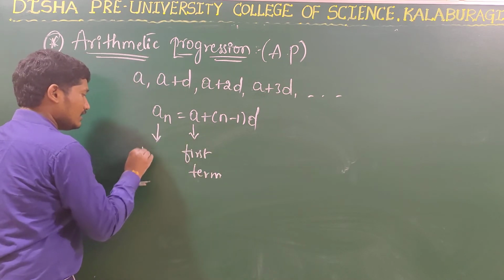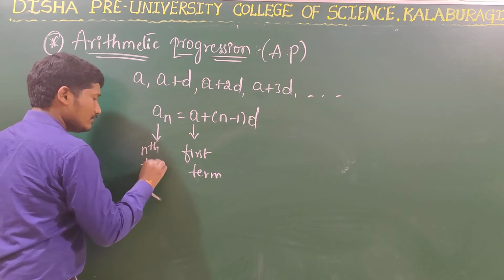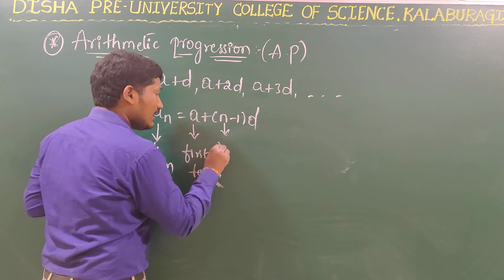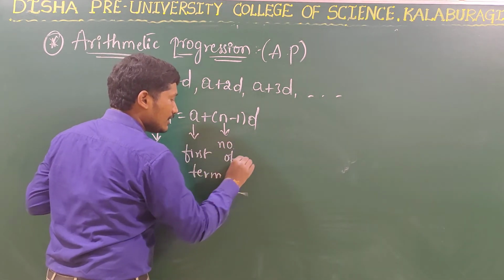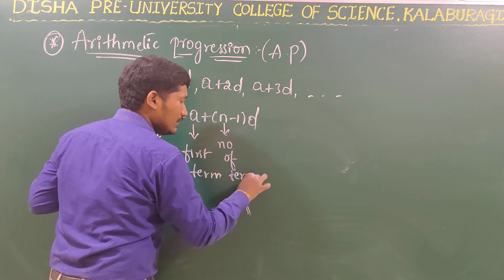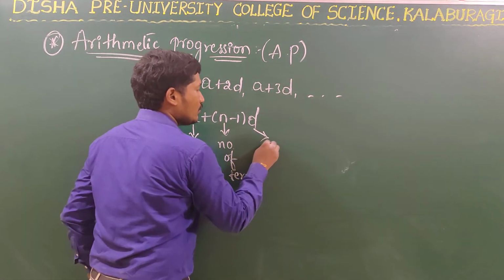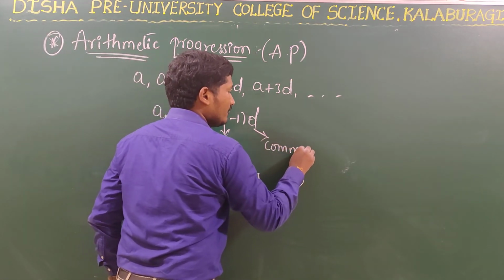Here An is nothing but the nth term. N means what? The number of terms in the arithmetic progression. And D is what? The common difference.